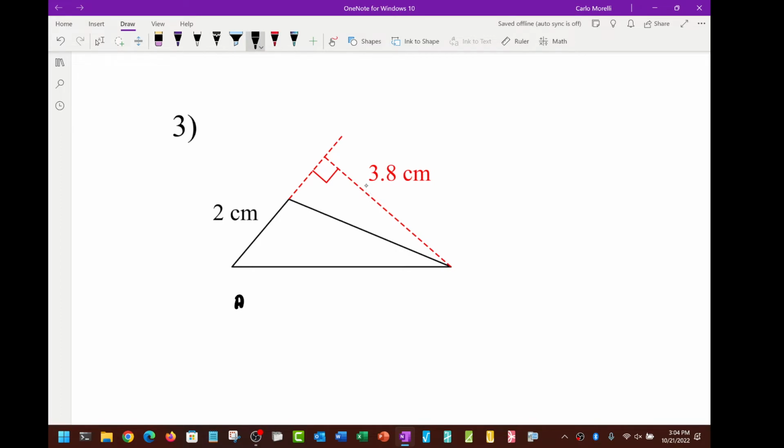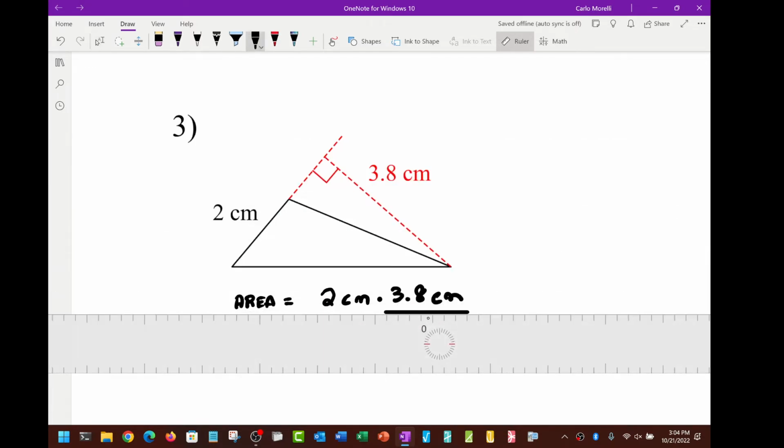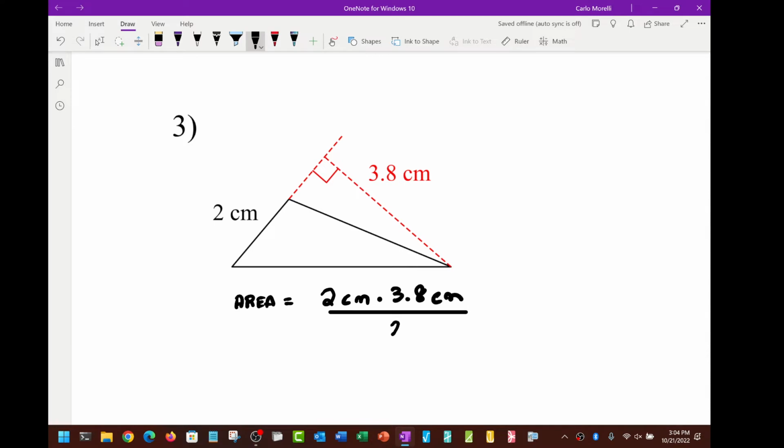The area is equal to 2 centimeters times 3.8 centimeters divided by 2.